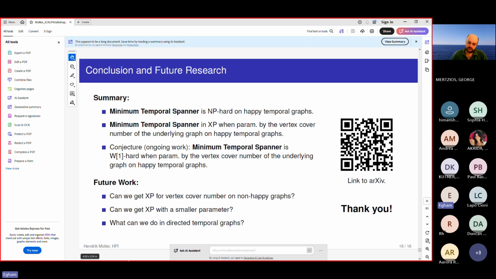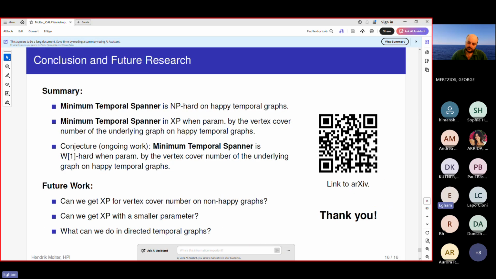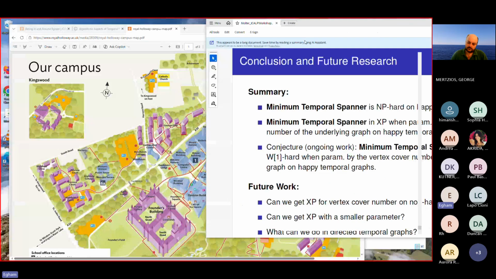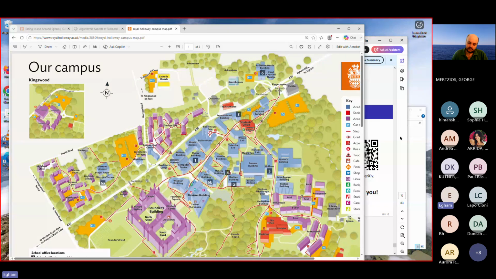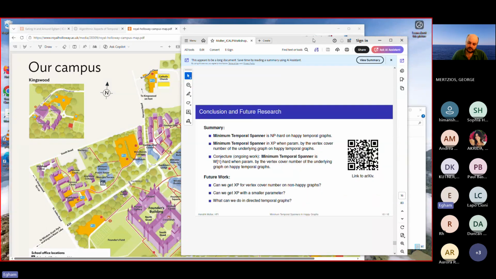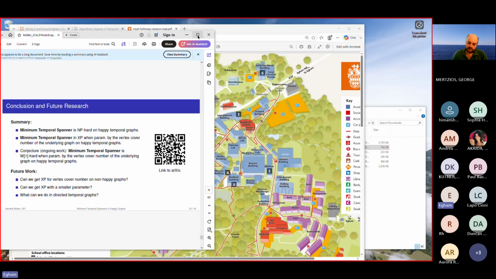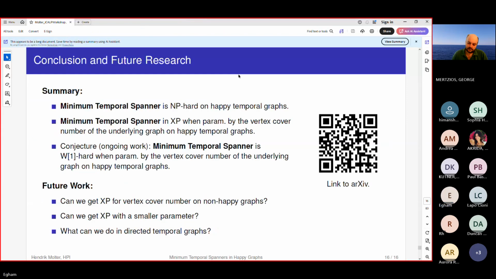Yes. So what we tried to do, I mean, it's not so difficult to see that this problem is in FPT if you combine tree width with the number of labels, for example, because you can formulate this in MSO, then you can get it for free with Courcelle's theorem, and it's also not so difficult to get a dynamic program on the tree decomposition when you're also allowed to have the number of labels.